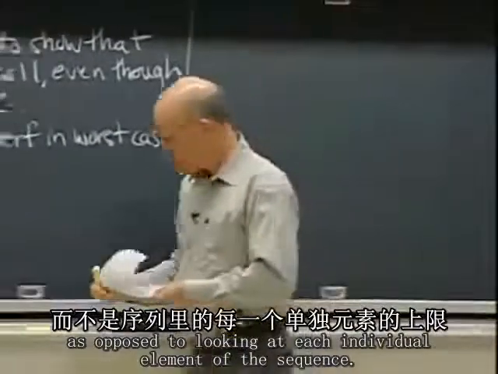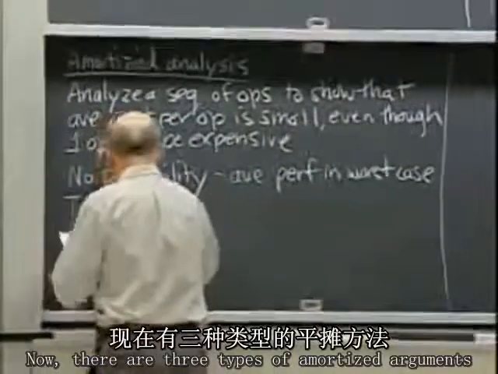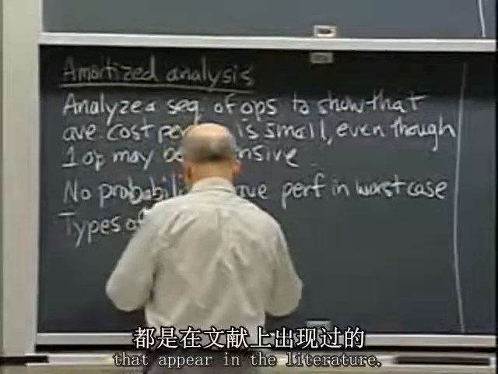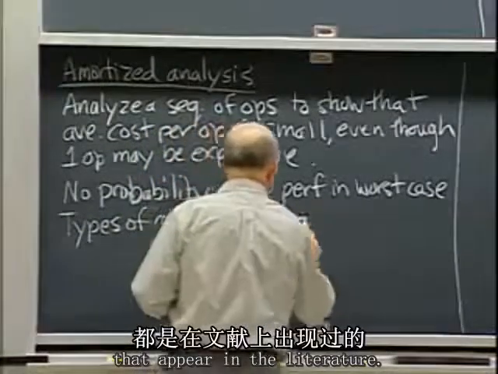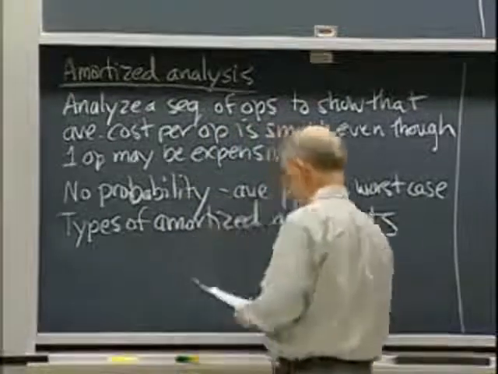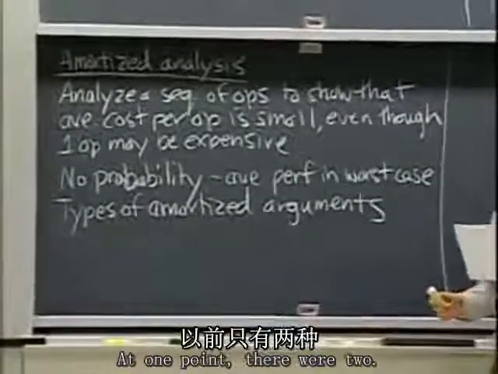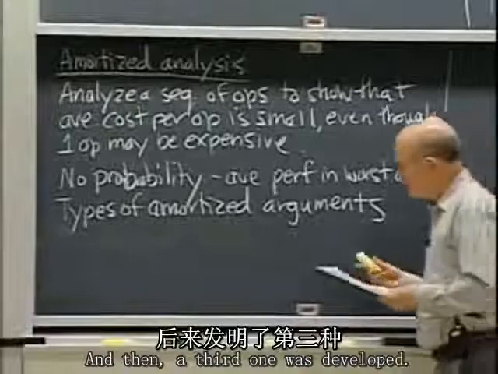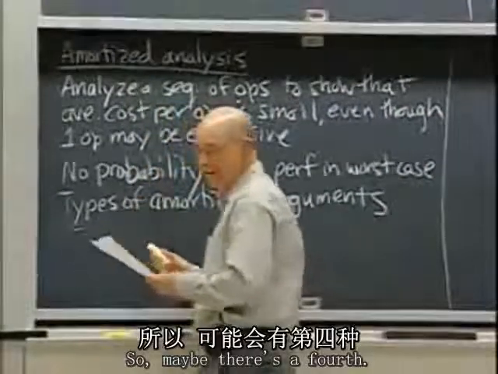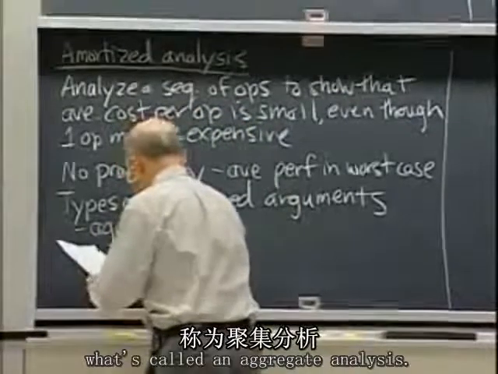Now, there are 3 types of amortized arguments that appear in the literature. Maybe there are more. At one point, there were 2, and then a 3rd one was developed. So maybe there's a 4th. The first one is what's called an aggregate analysis.